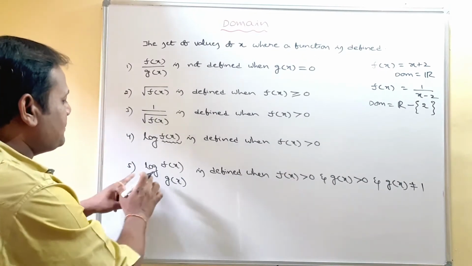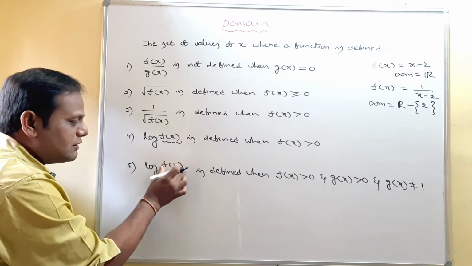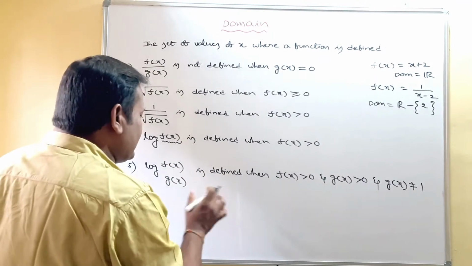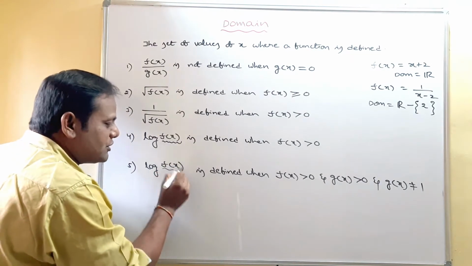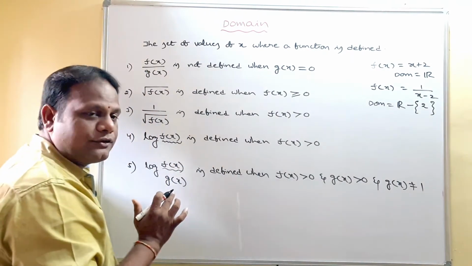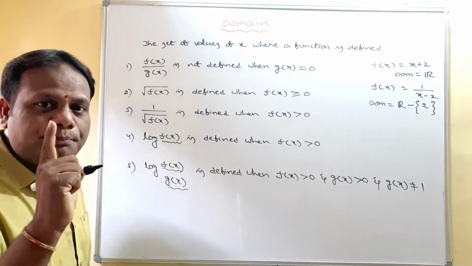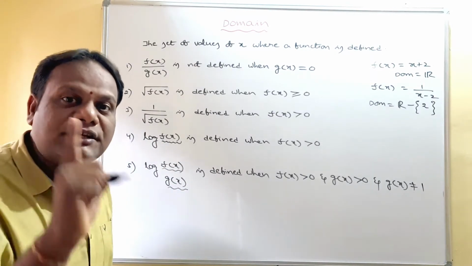Is it? Suppose the function is log f of x to the base g of x. This is defined when the input is positive, so f of x greater than 0, and base always positive but not equal to 1. Must remember that.